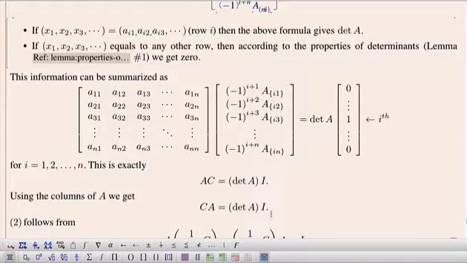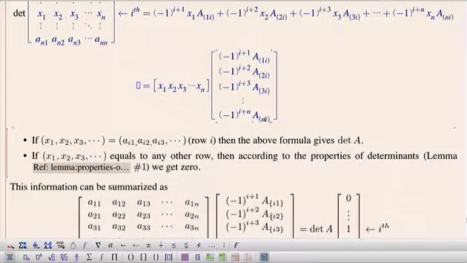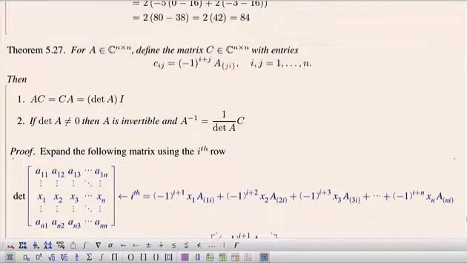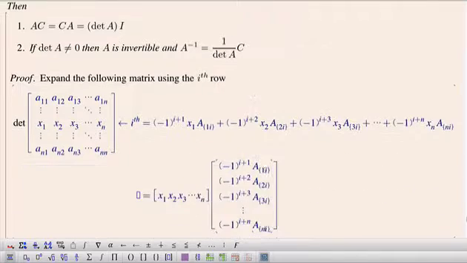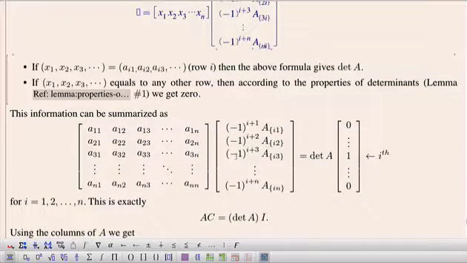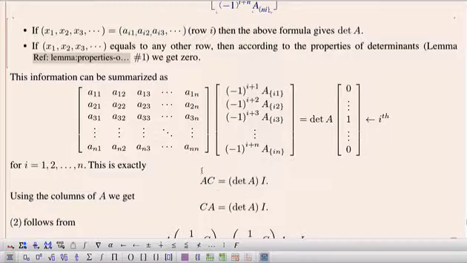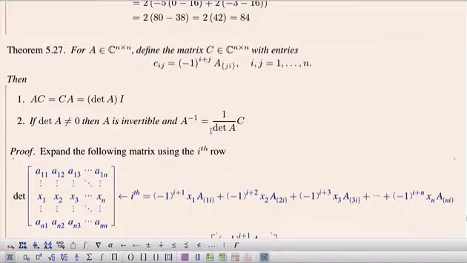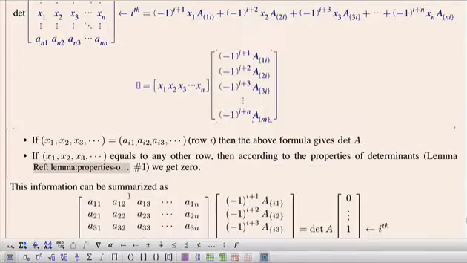If you check what the definition of the C matrix is, we have this formula, and this is exactly what we have here. This is the first column, and then you would have the second and the third and the nth column. So what we have here is exactly A times C equals the determinant of A times the identity matrix. And then similarly, using the columns of A, we get that C times A is also the determinant of A times I. The second part actually really comes from the first part.